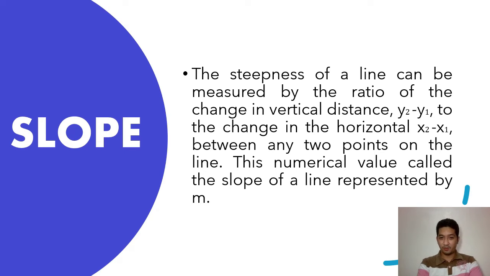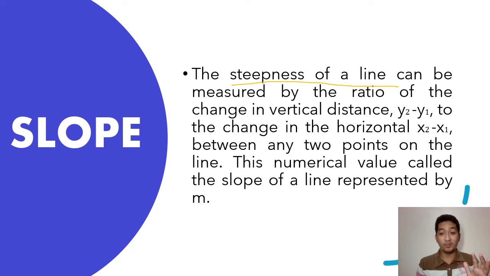It can be measured using the ratio of the change in the vertical distance to the change in the horizontal distance: y sub 2 minus y sub 1 over x sub 2 minus x sub 1, between 2 points in the Cartesian plane. The numerical value you get after computing it is called the slope of a line.